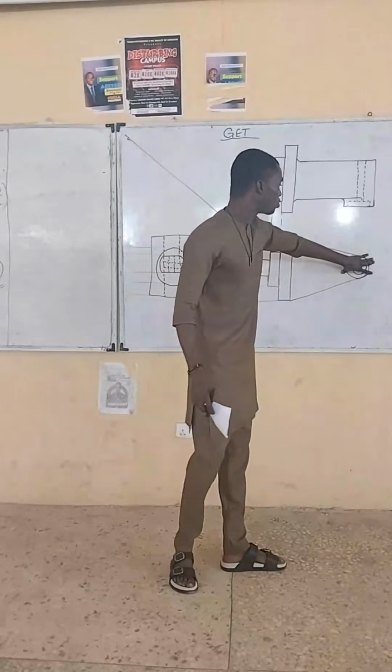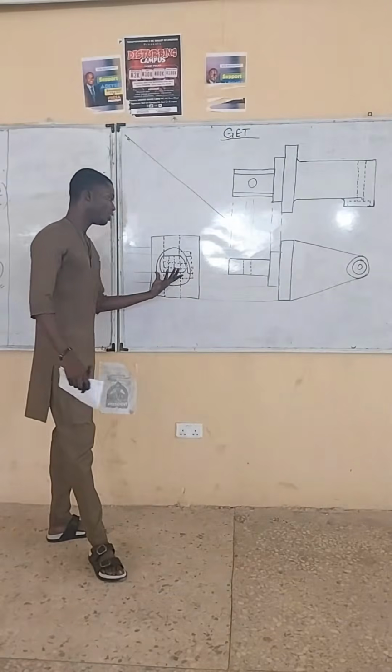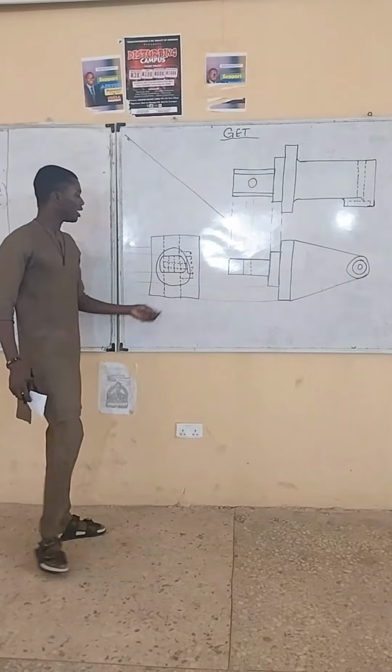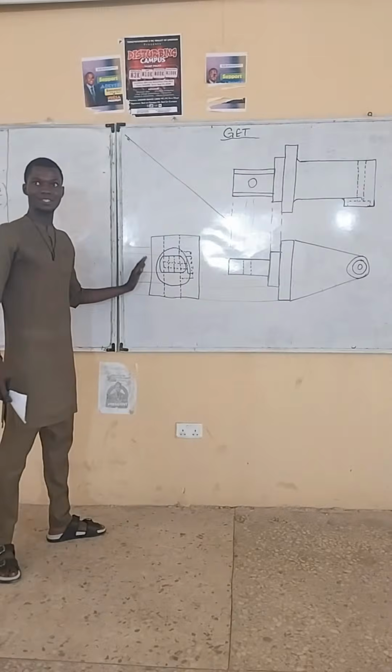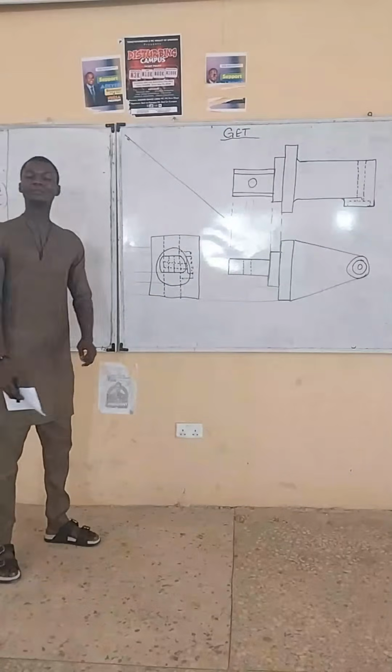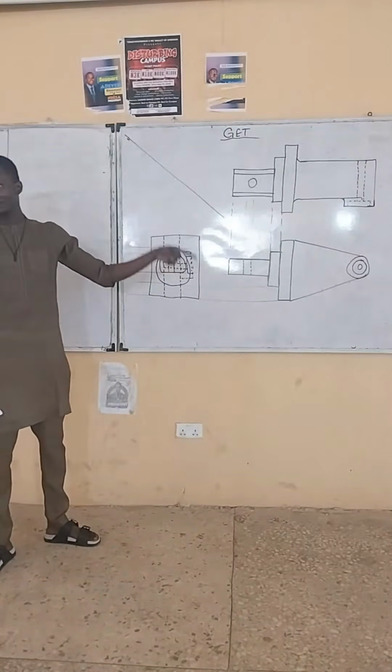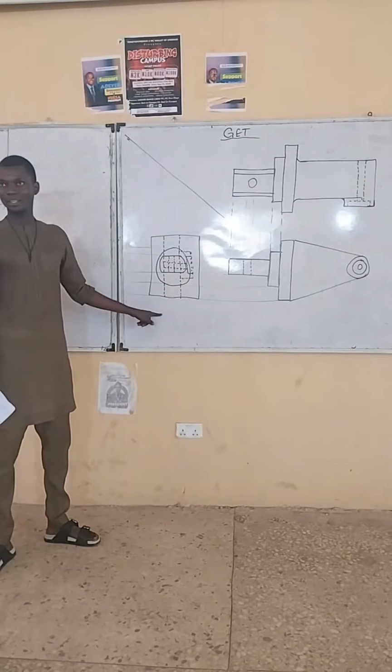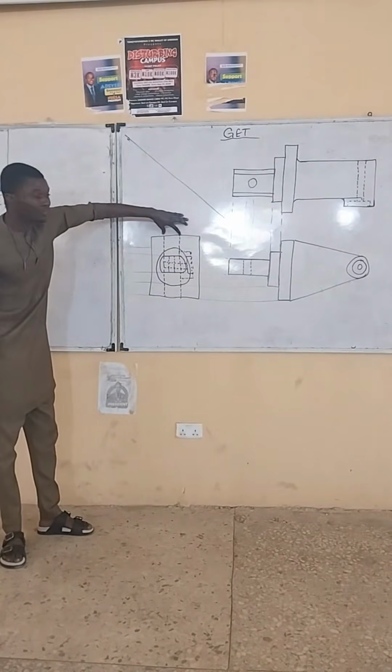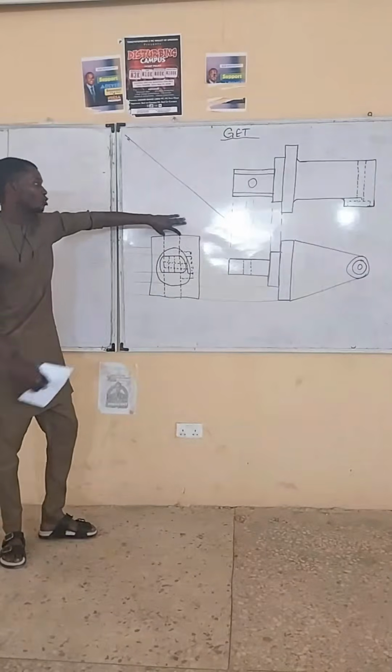Now these circular holes, I also represent them with a broken line at this place. Now you can see we have so many broken lines here. Why is it so? It's to show that some things are at the back that we cannot see from here. Now these two like this, is to indicate this one.